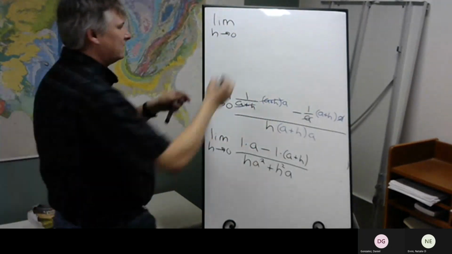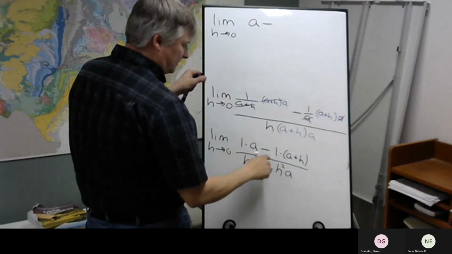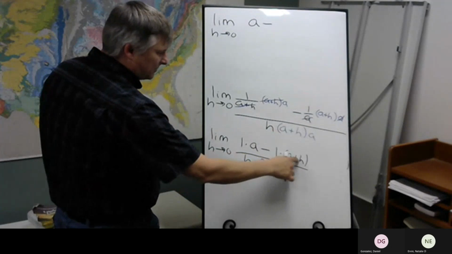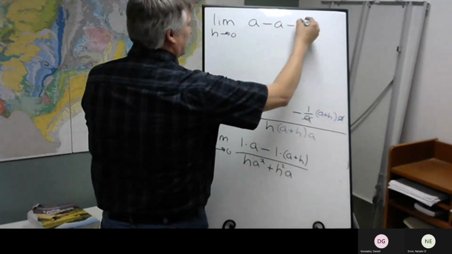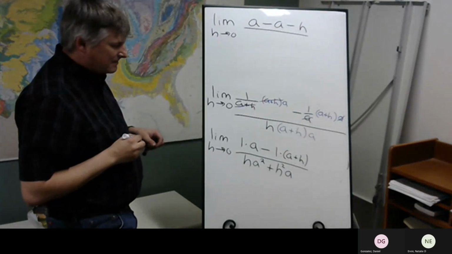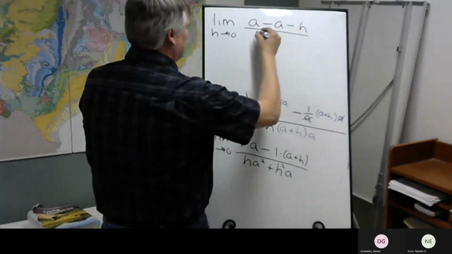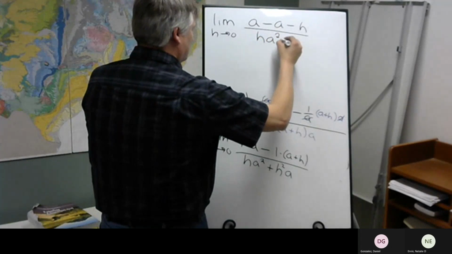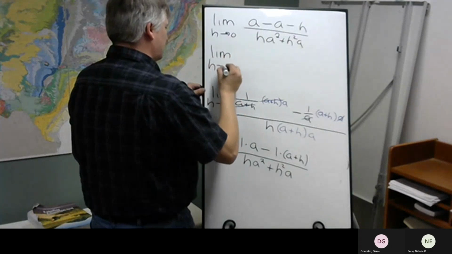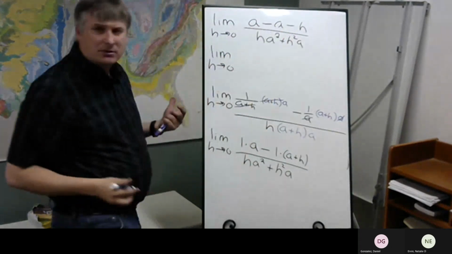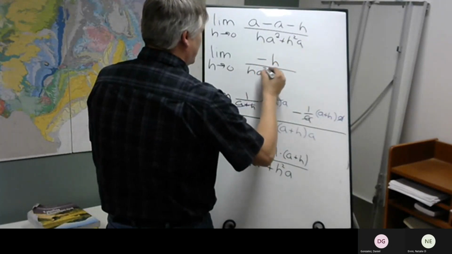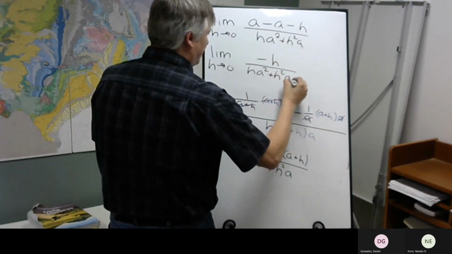So what's going to happen on top? A minus, well, 1 times a plus h is a plus h. We're going to distribute this minus through here. We're going to get that. And fair enough. Now, a minus a is going to be 0, so we get negative h over h a squared plus h squared a.